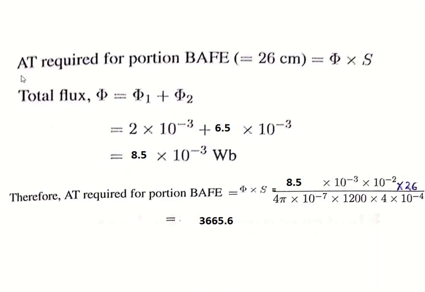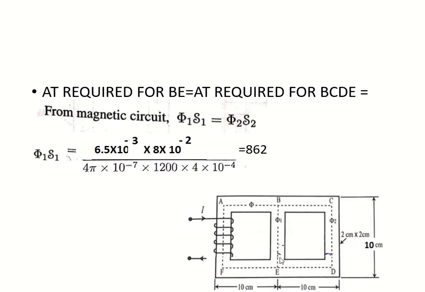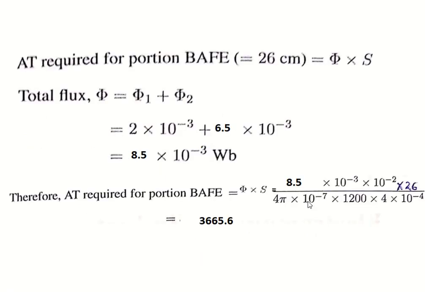Next you need to get the value for BAFE, the second portion. So BE you got, next BAFE. Then total will be your NI. So BAFE equal to phi into S. What is phi? Phi1 plus phi2. Phi1 you got, phi2 also you know. So phi1 plus phi2 is 8.5 milliweber and the ampere turn required for BAF is phi into S. Phi is 8.5 milliweber.